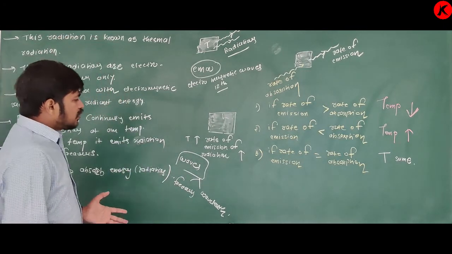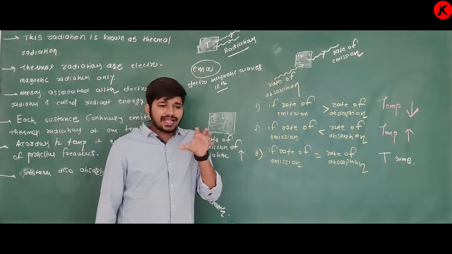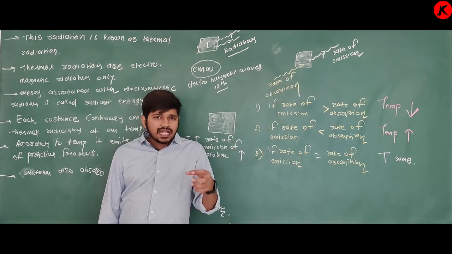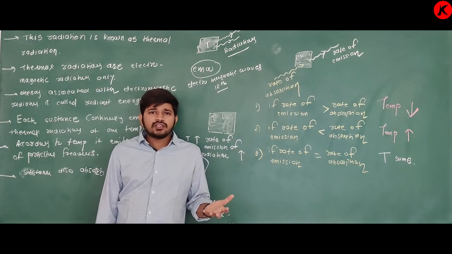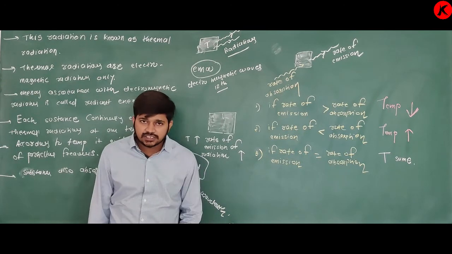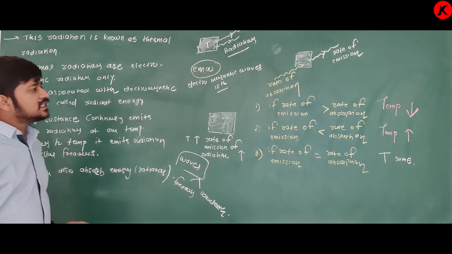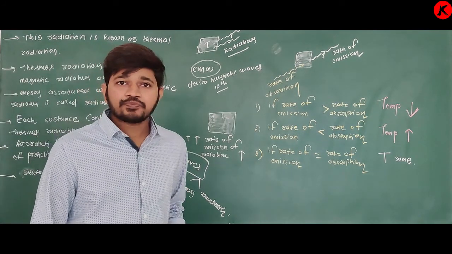What happens when energy is incident on a substance? If it absorbs all the energy, then which type of body is it called? We will see in the next lecture. There are numbers of definitions related to this point, that is called radiation, and in the next lecture we will see the same thing. Clear?